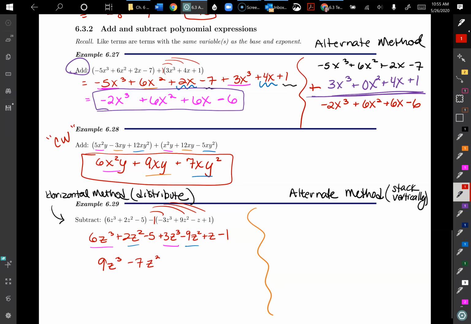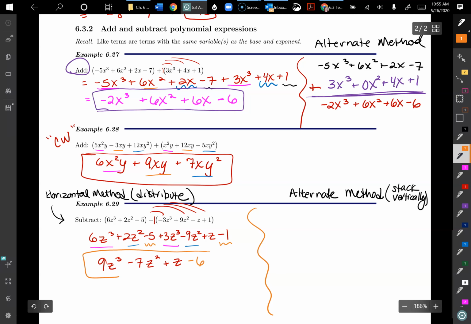And then we also have this lone z there, nothing to add it to, so we just leave it as is, plus z. Don't forget about that one. And then we have -5 and a -1, so that will become -6. And that is the answer for this one. 9z cubed minus 7z squared plus z minus 6.